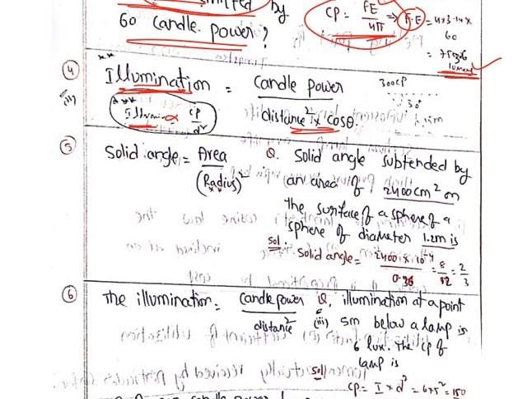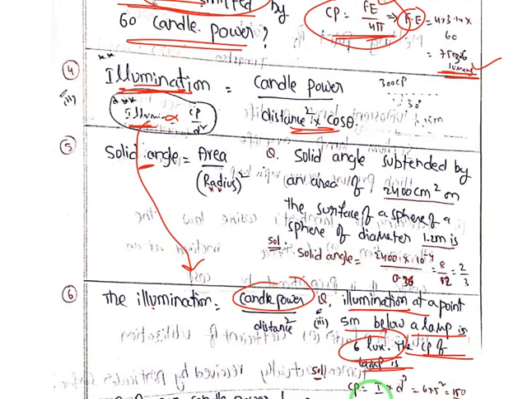Before going to this, just see this question with illumination equal to candle power by distance square. The question will be given like this: illumination at a point 5 meter below a lamp is 6 lux. What is the candle power of the lamp? The same formula, candle power equals illumination into distance square.